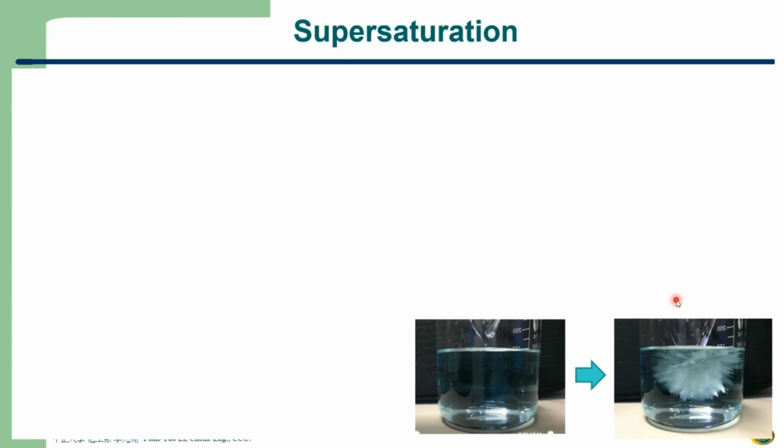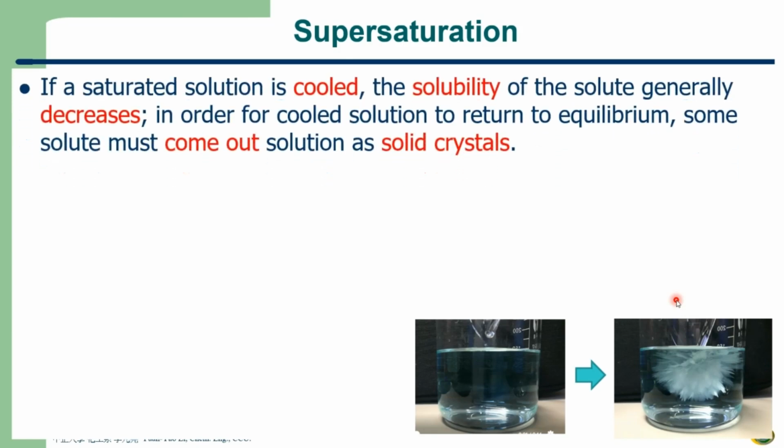And here is the term called supersaturation. If a saturated solution is cooled and the solubility of the solute gradually decreases, then in order for the cooled solution to return to equilibrium, some solute must come out of solution as solid crystal. For example, take a saturated solution at 60 Celsius.